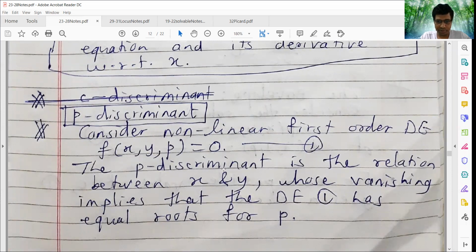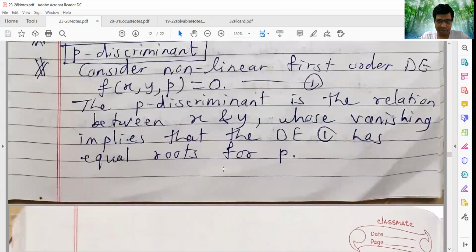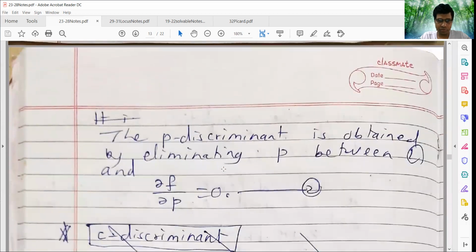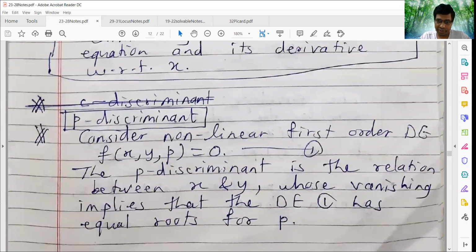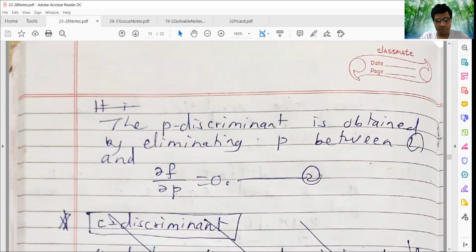If we want to find the p discriminant, we have to eliminate p between the given differential equation f of x y p equal to 0 and the equation dou f by dou p equal to 0.